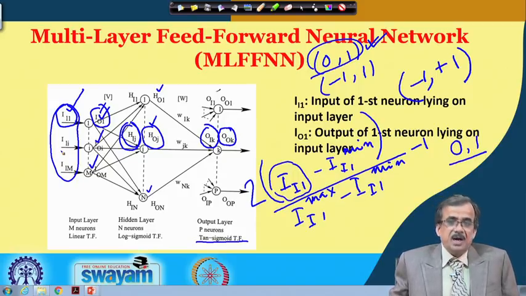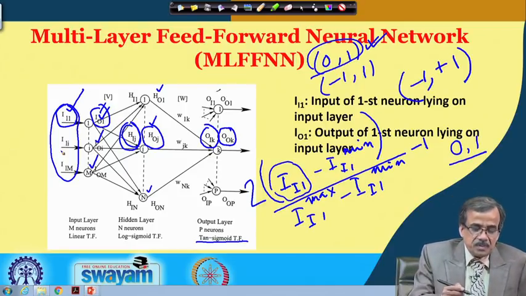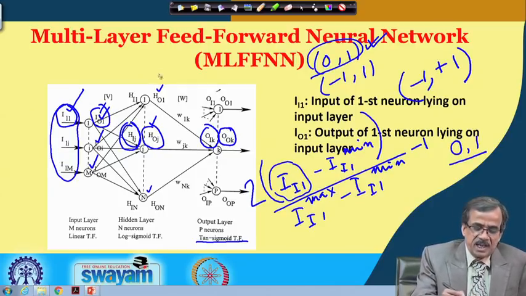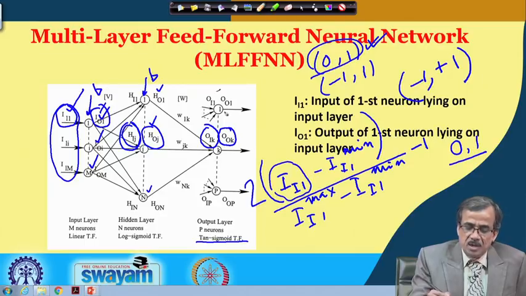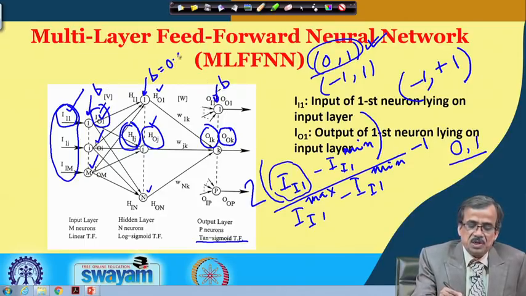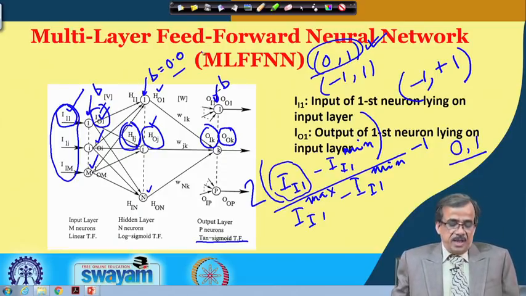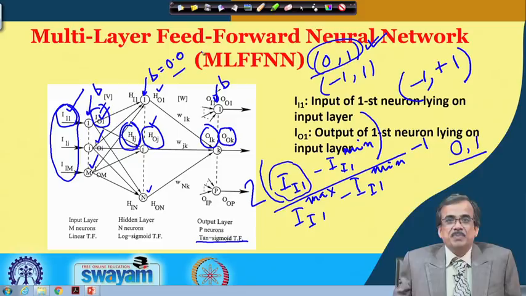Now, before I go for the forward calculation, I am just going to mention two things. One is that we generally use some bias value, but here, for simplicity, I have assumed that the bias is equal to 0. This is to make the analysis a little bit simpler.